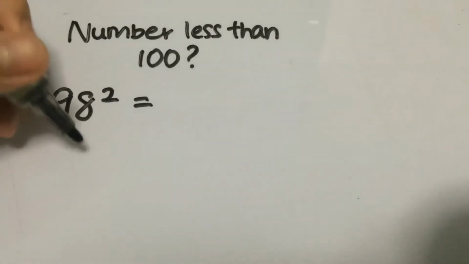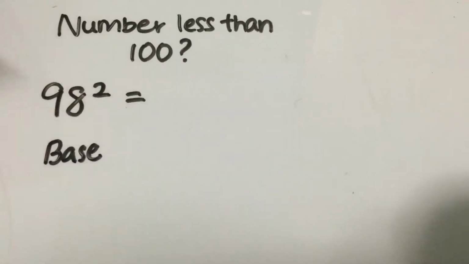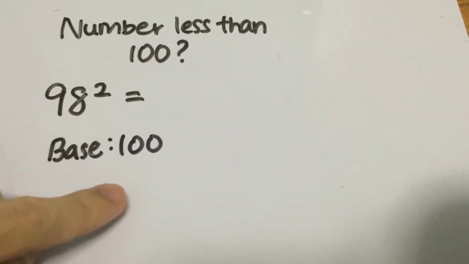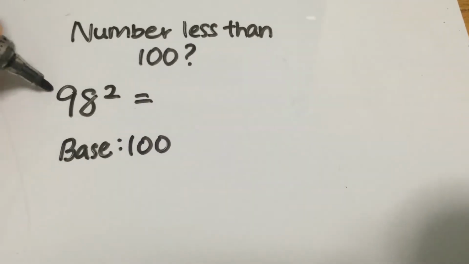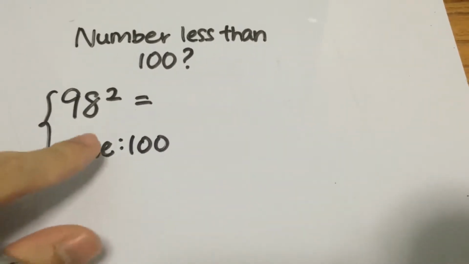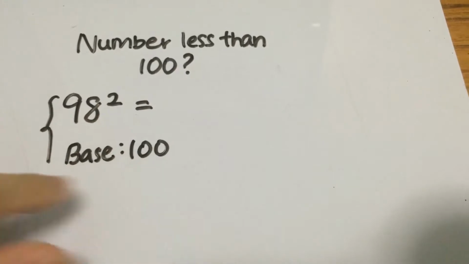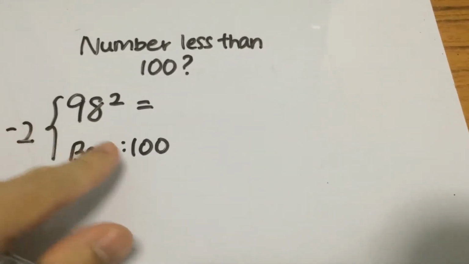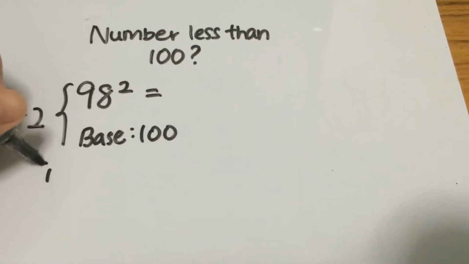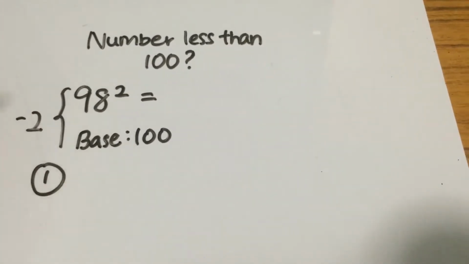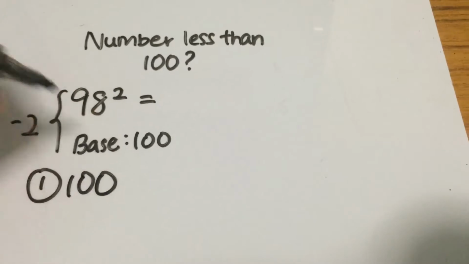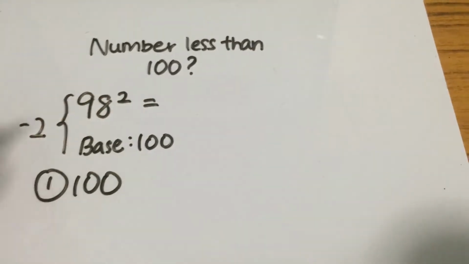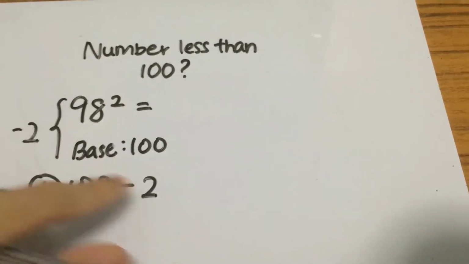The first thing we do is set our base, which in this case is also 100, since 98 is close to 100. The next thing we do is find the difference between this number and my base, which is in this case minus 2, because 98 is 2 less than 100. Then we take the base, and instead of adding, because 98 is less than 100, we subtract 2 times the difference.